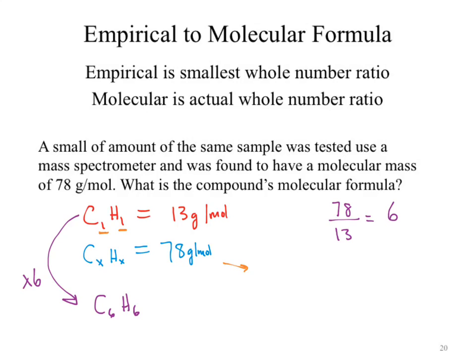So what he's suggesting we do is take the molecular mass of carbon, 12, times x, plus the molecular mass of hydrogen, which is 1, times x, and then set that equal to 78, because that has to come through. Good call. I didn't even think of that one.